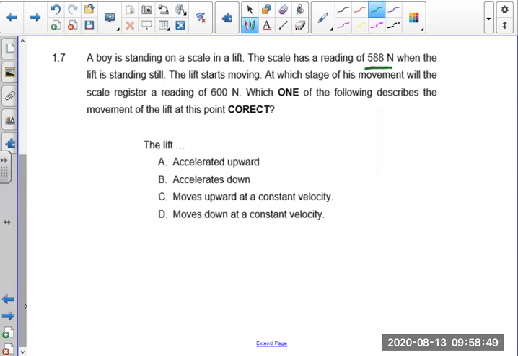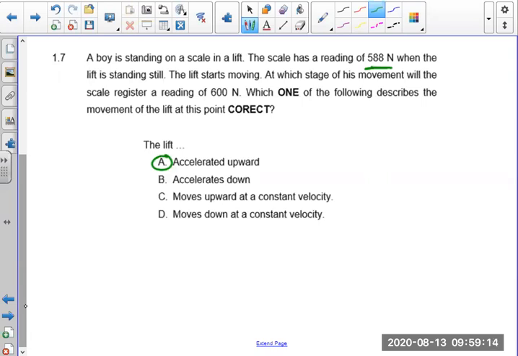So in this case, what we can say is then number A, the lift is going to accelerate upwards. That's why when you're standing in a lift and the lift starts to move up, it feels as if your whole body wants to stay there. And it is what is happening because of inertia, the scale reading is going to increase.